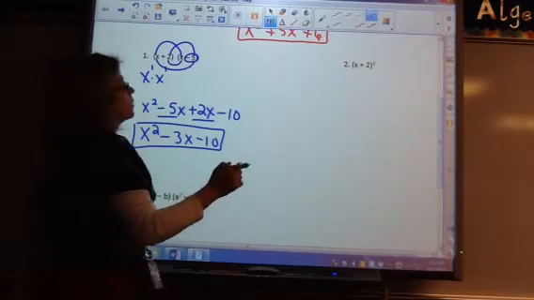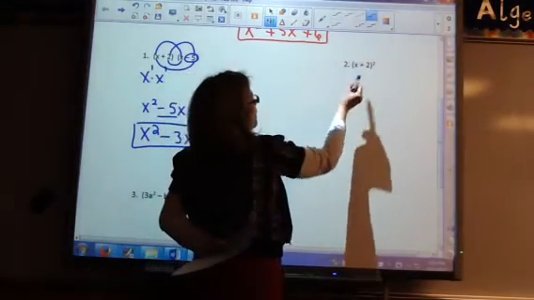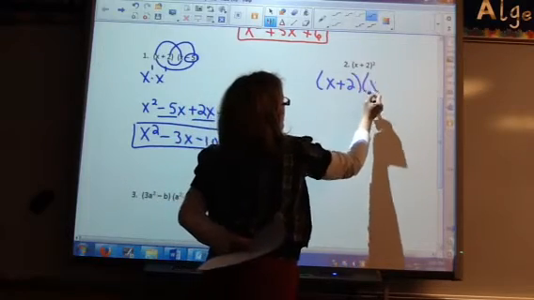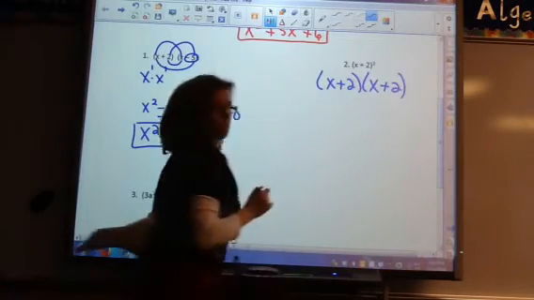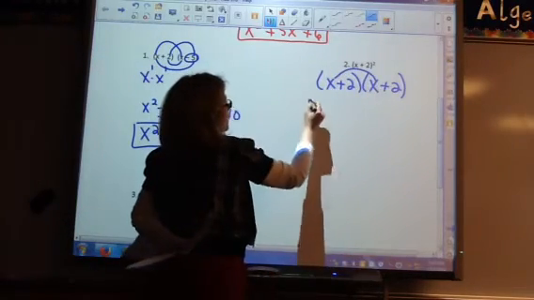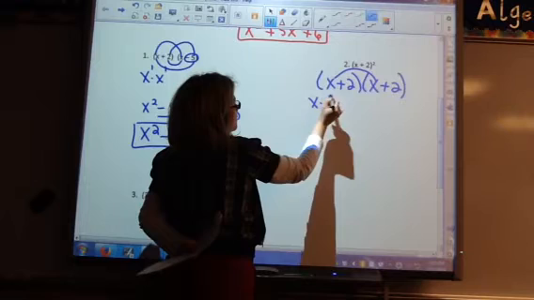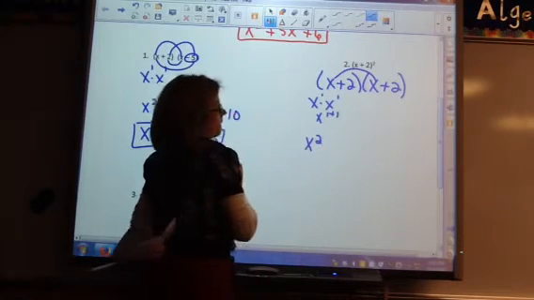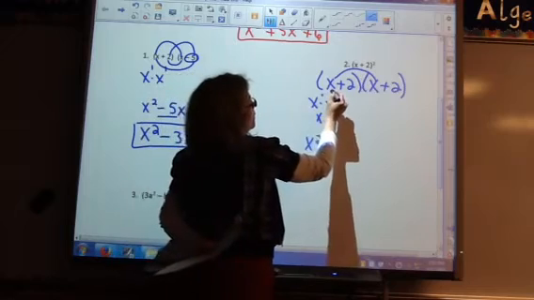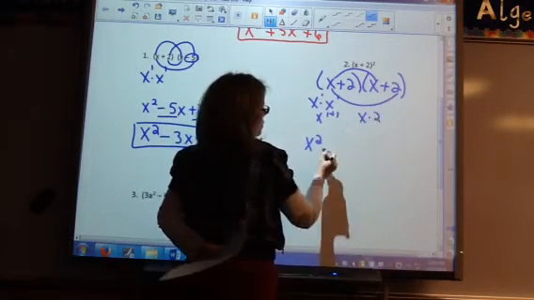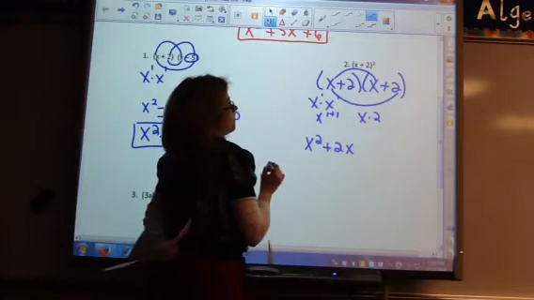All right, let's look at this one. We have a binomial squared. So that's x plus 2 times x plus 2. So we do our first. X times x is x, 1 plus 1, which is x squared. Then we do our outer. X times 2 is a positive 2x.